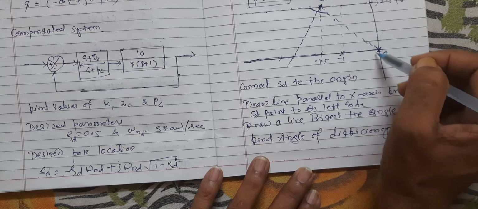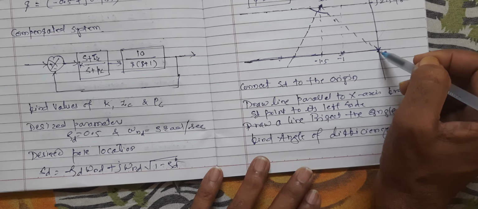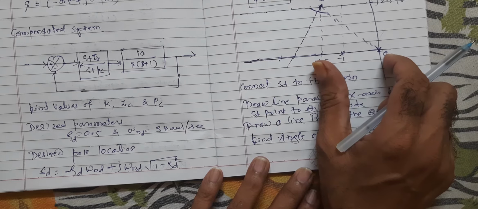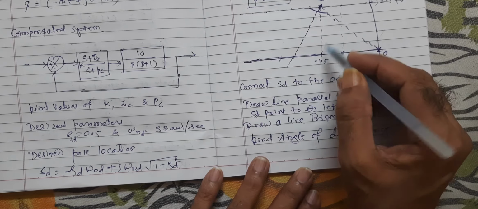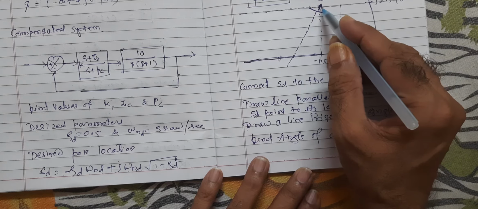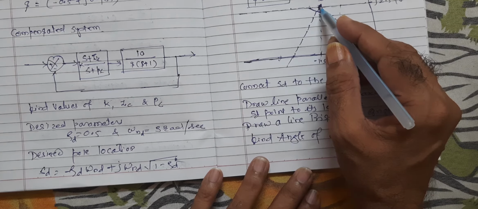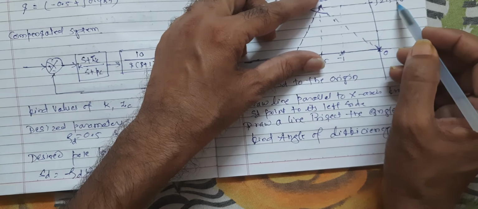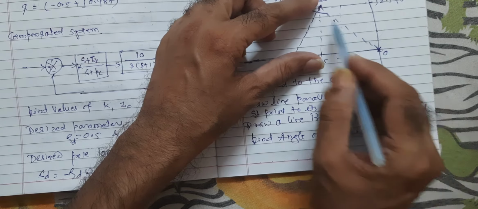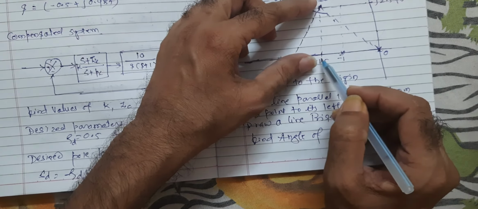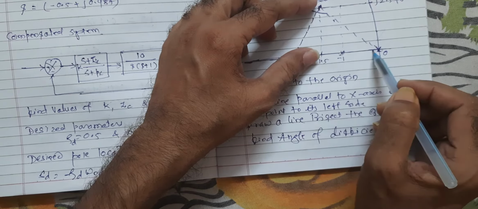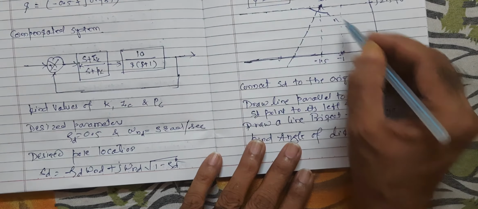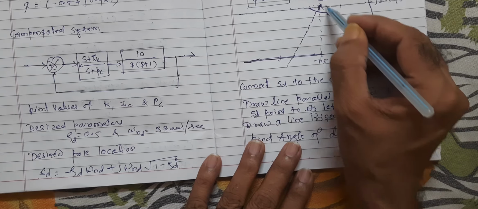And if we join this one, from this point 0 to this one, this is 1.5. Now see here, what is this distance? That is 2.598. And if we join this, what is this value from this to this? That is 1.5. So 1.5, 0 and this SD form a right angle triangle.